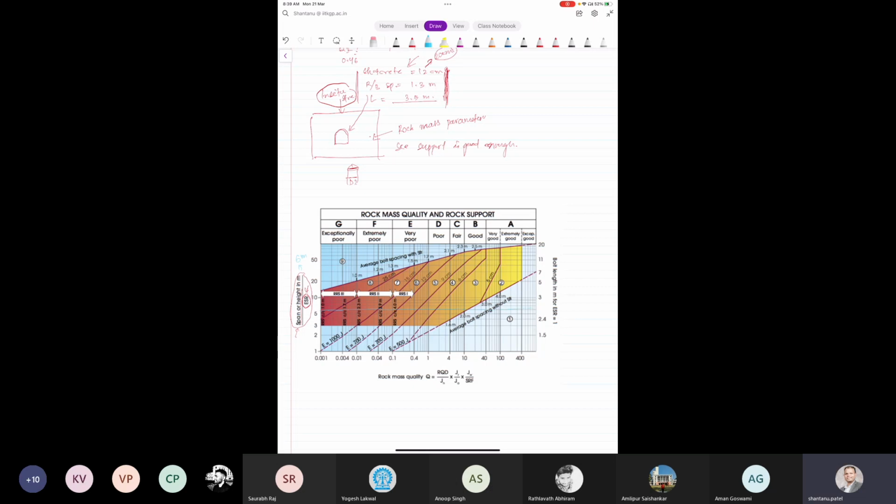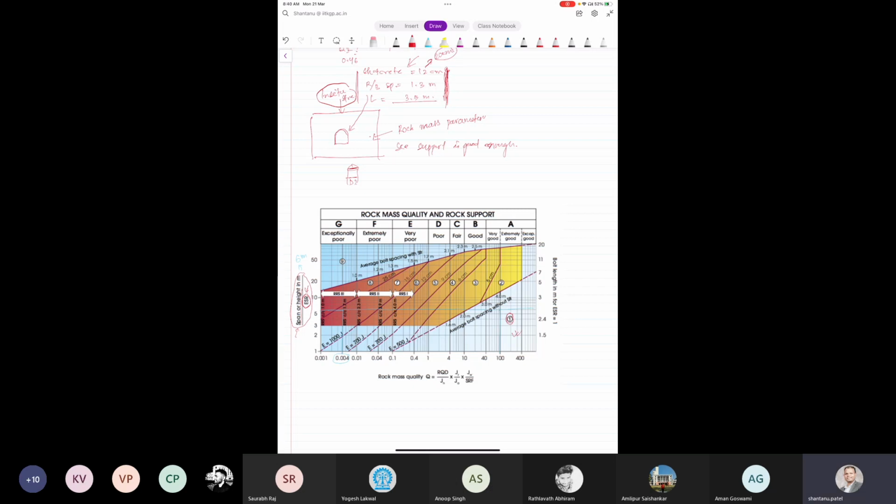And what I'm saying is where this support system is changing. So our range is here, 0.004 to 100. First thing is, it says that for this zone 1, which is this light blue colored zone, we don't need any support system here.